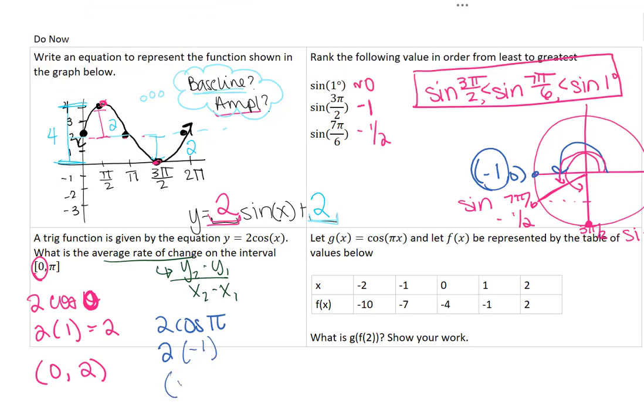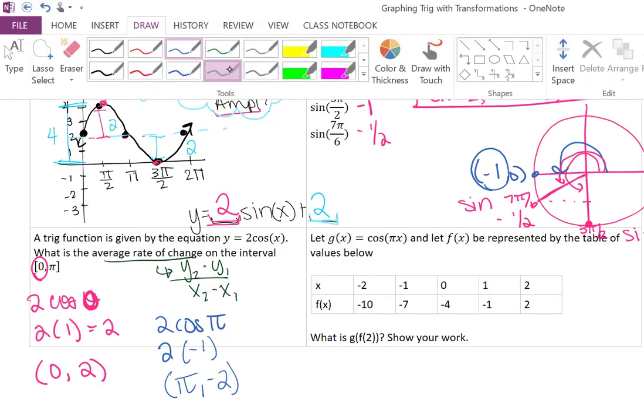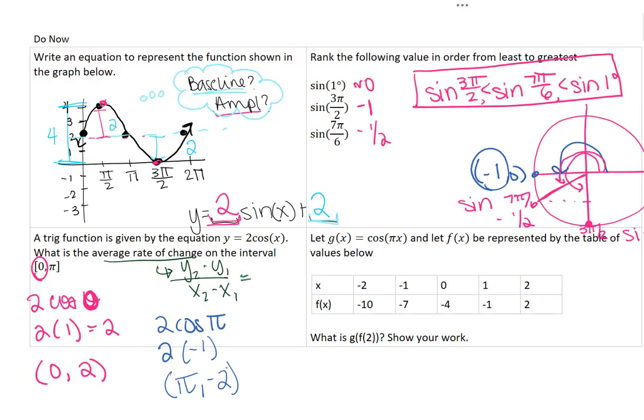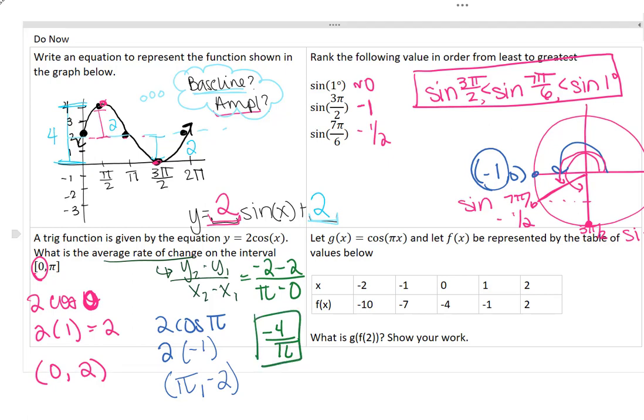And so my next ordered pair is going to be (pi, -2). When I plug that into y2 minus y1 over x2 minus x1, you should get -2 minus 2 over pi minus 0, and we're just going to leave pi in there. So I'm just going to say it's -4 over pi and leave it at that, and that is totally fine.